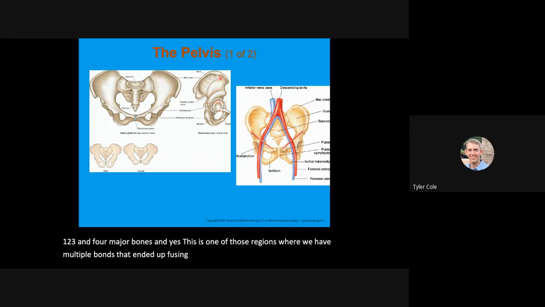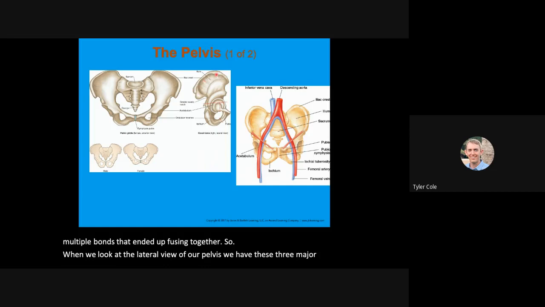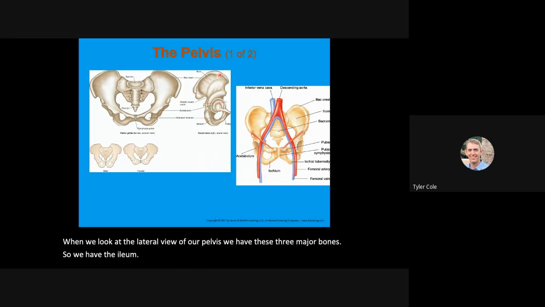So when we look at this lateral view of our pelvis, we have these 3 major bones. So we have the ilium, which is the wing-like structure. And we have the iliac crest. And we'll talk more in trauma about the significance of being able to identify the iliac crest.